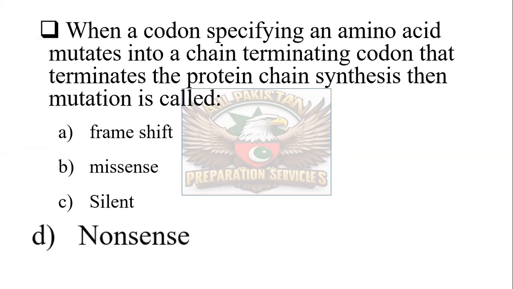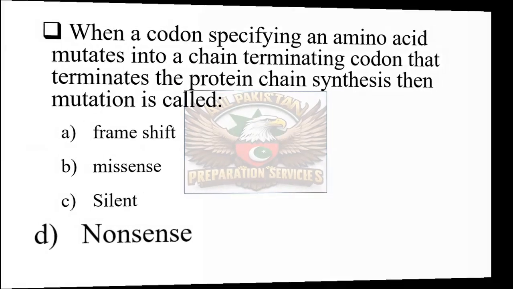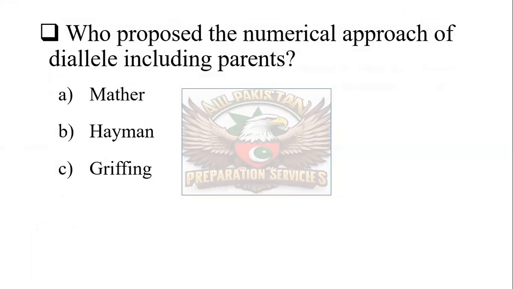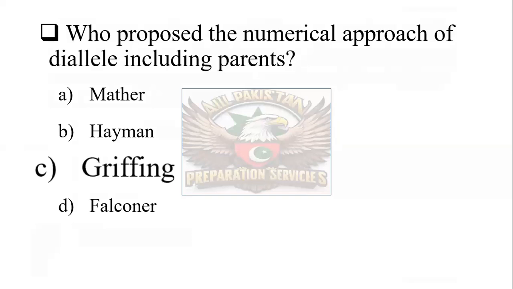This mutation is called nonsense mutation. Who proposed the numerical approach of Diallel including parents: Method, Hammond, Griffing, or Falconer? The correct one is Griffing. Griffing proposed the numerical approach of Diallel including parents.